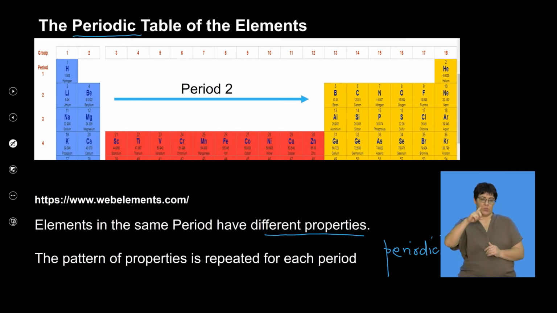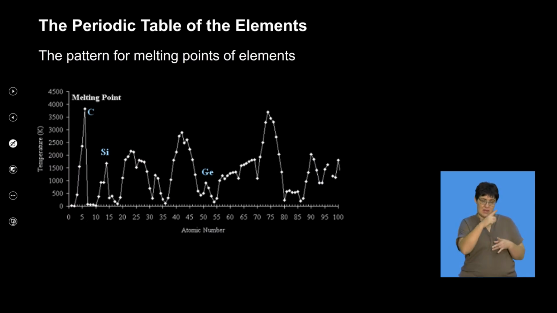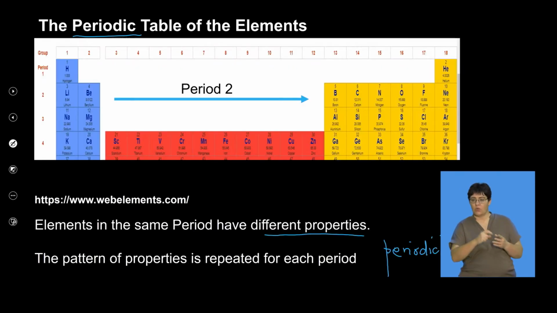Right. And then furthermore, let's look at a simple example, the pattern of melting points. Okay, if you check carbon, silicon, and germanium, they are actually in the same group, and you realize that their melting point for each of the periods is comparatively greater than the elements within the same period. And what's so common about carbon, silicon, and germanium, if we go back to our periodic table, you'll see that they are in the same group, okay?